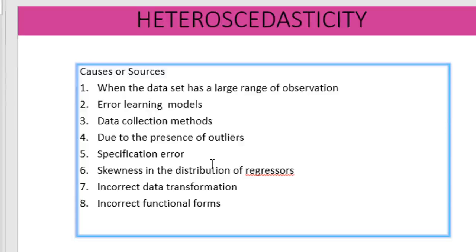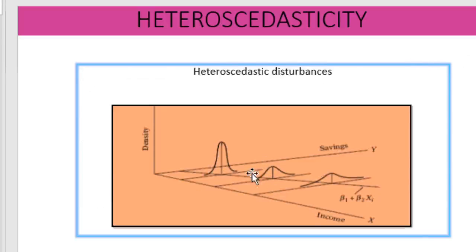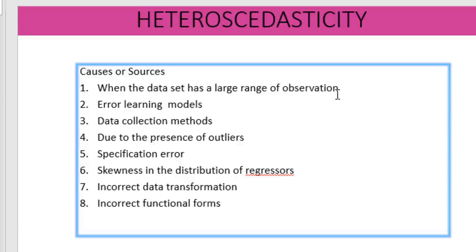In this case sigma i square is expected to decrease. As an example, in this figure, as people learn more and more, their error decreases and the variance decreases. That is, the variance will be different. That is the error learning model.